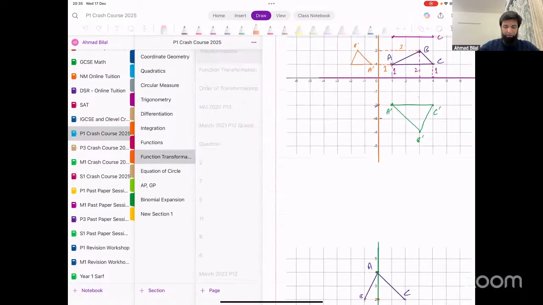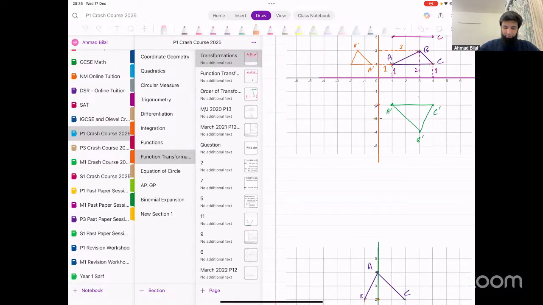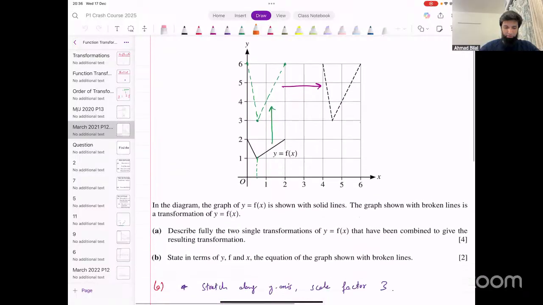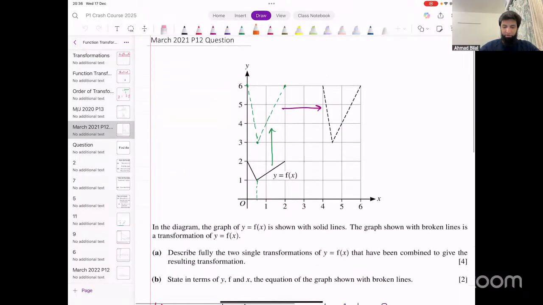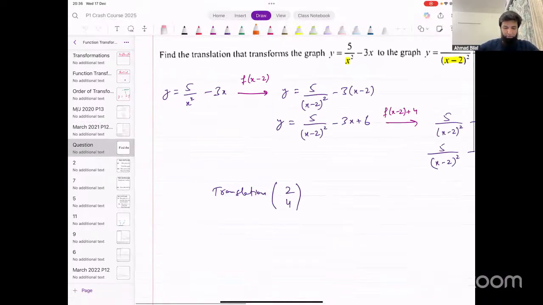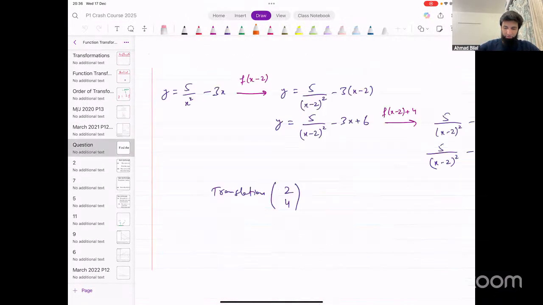Let me quickly find them so I can share them with you. Okay, this is already there. Okay, this is a good one. It's from March 2021. I don't know why it's not in that worksheet. I'll copy this there. This one is okay.